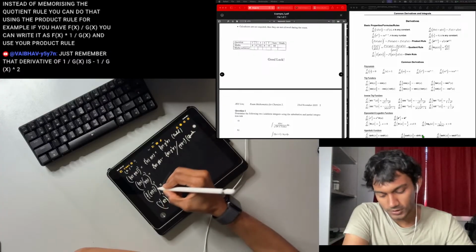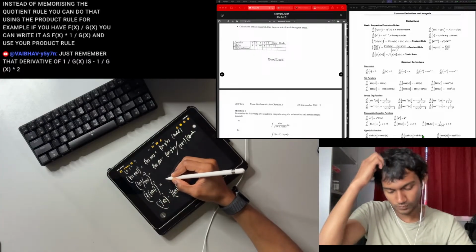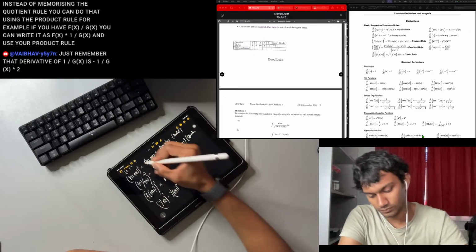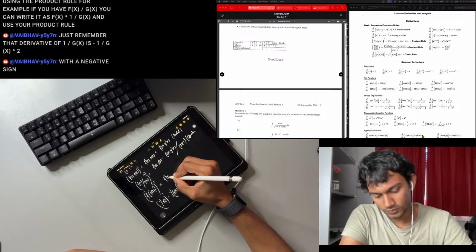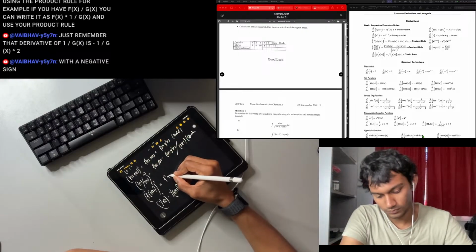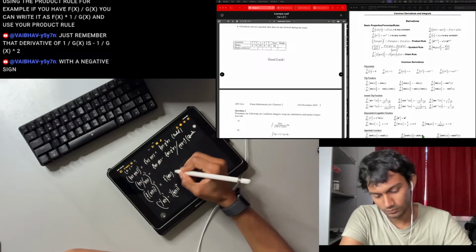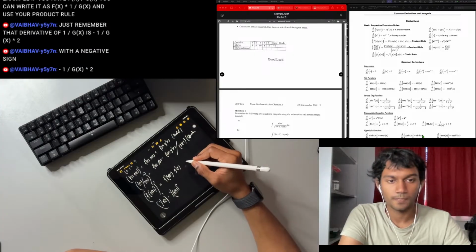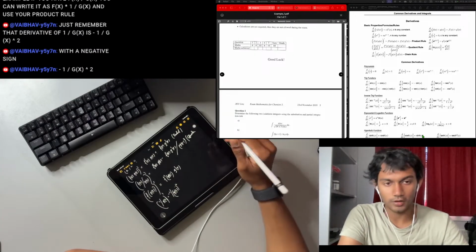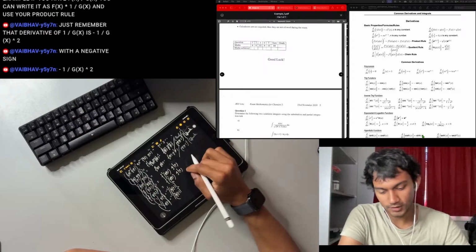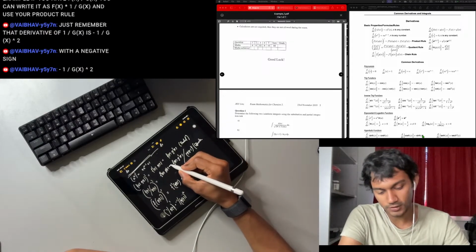Wait, what was this one? The chain rule? F of x with the negative sign. Oh, okay. Appreciate that. Oh, that negative is what makes this part negative, maybe?